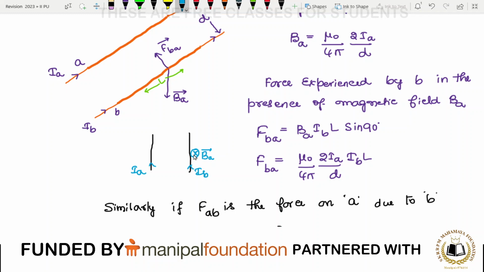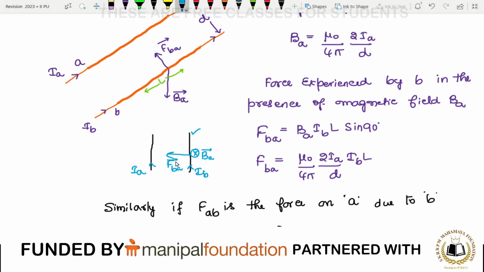Now in this magnetic field, the second current carrying conductor is kept, so it experiences a force. For that you should apply Fleming's left hand rule: the thumb points in the direction of force, the forefinger in the direction of magnetic field, and the middle finger in the direction of the current. The current is going up and the magnetic field is inward, so the thumb will point like this.